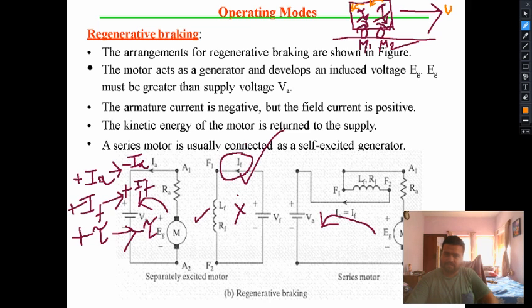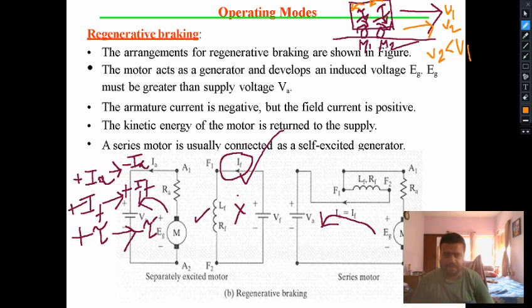So if the velocity of the train is v1 initially, now it is changed to v2, but v2 is less than v1. Am I correct? So now, as the speed changes from v1 to v2, the torque has got reversed.